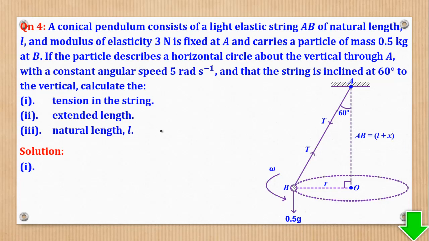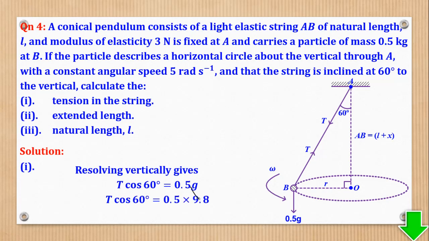So Roman 1, they want tension in the string. So resolving vertically, we shall come up with T cos 60 degrees is equal to 0.5 g. Substitute for g and make T the subject. Roman 2, they want the extended length, they want AB.